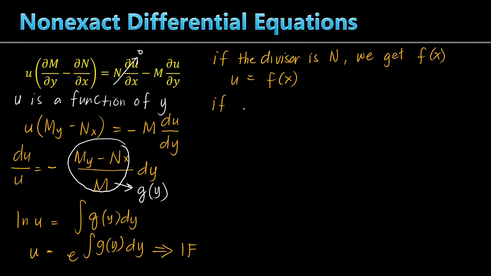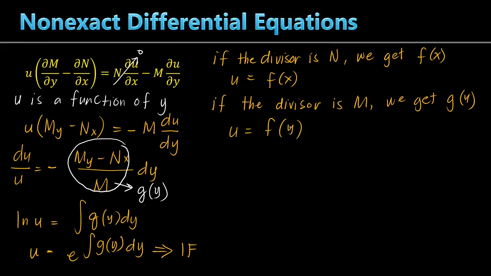Yan. So, lagay natin dito. If the divisor is m, we get a certain function g of y, and therefore, u will be a function of y. Ayan. Pag ang divisor ay n, ang integrating factor mo ay function of x. Kapag naman ang divisor mo ay m, ang integrating factor mo ay function ng y.